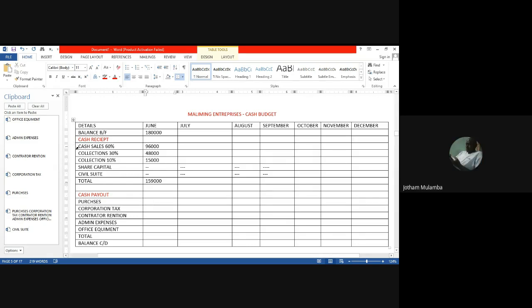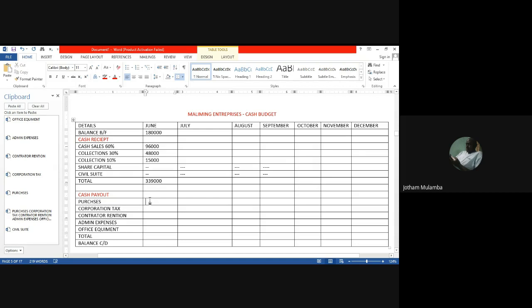Were we including the balance brought forward? Yes, we start with the balance brought forward. Then it's 339,000. Thank you for the correction.